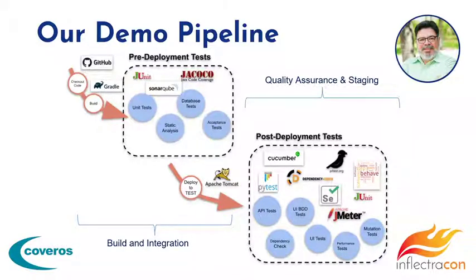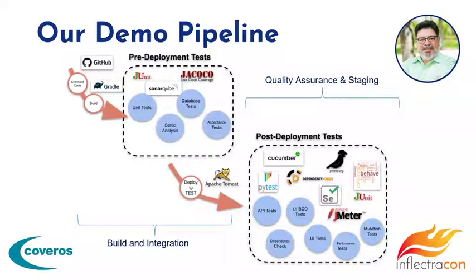We then run through a series of pre-deployment tests, including unit tests using JUnit and Jacoco, security static analysis using SonarQube, database tests that are executed with JUnit, and automated acceptance tests using Cucumber. We then deploy to a test or a QA environment.